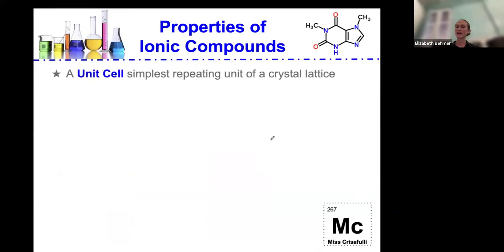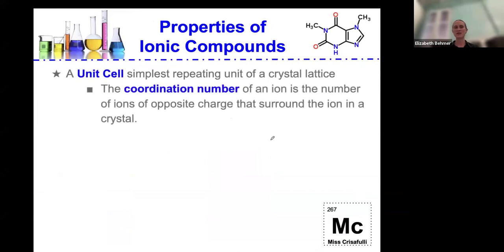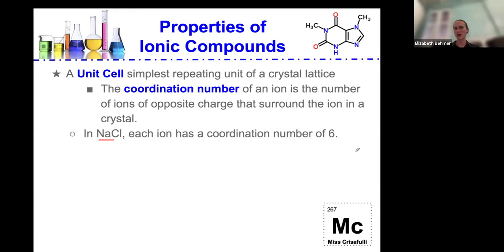A unit cell is the simplest repeating unit of a crystal lattice, and the coordination number of an ion is the number of ions of opposite charge that surround the ion in the crystal. So for example, in sodium chloride, each ion has a coordination number of 6.